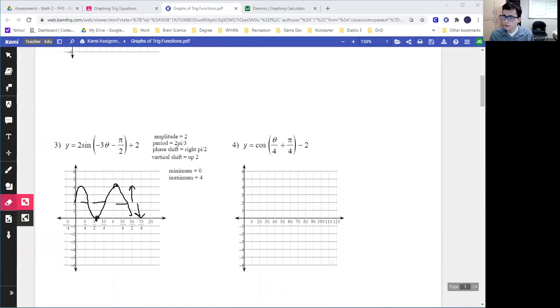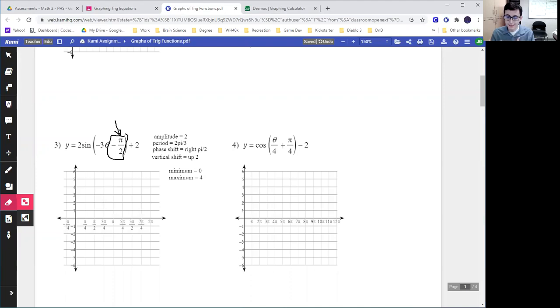Could you go over how you found the phase shift? Okay, so the phase shift, again, having to look here, right? And what the phase shift is saying, it's saying that we're subtracting a certain amount from the graph before, like from the input value.